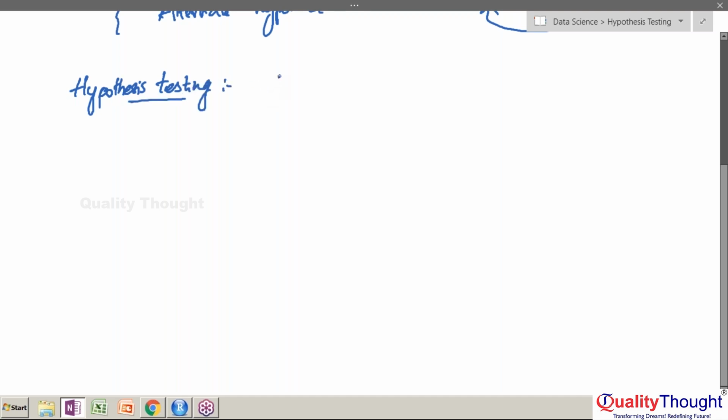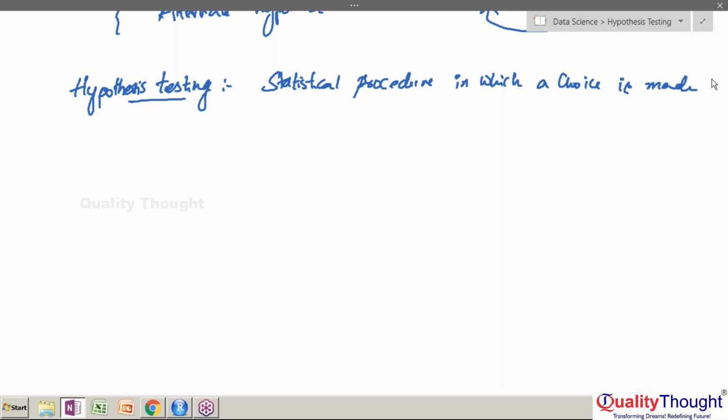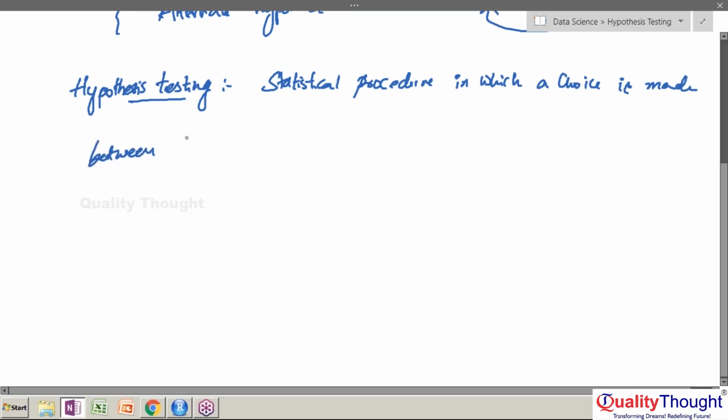Hypothesis testing is a statistical procedure in which a choice is made between a null hypothesis and an alternative hypothesis. Okay, that's it.